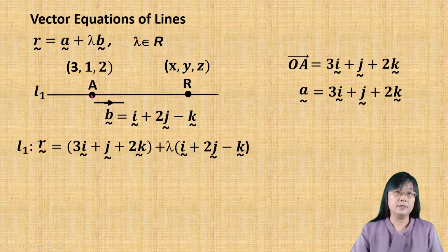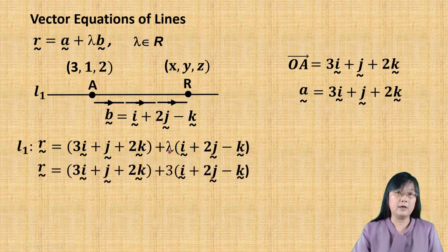To determine the distance from A to r, we can use the vector b as the unit vector, where from A to r, we need 1, 2, and 3 units of vector b. So in order to find the position vector of the point r, we need 3 units of vector b.